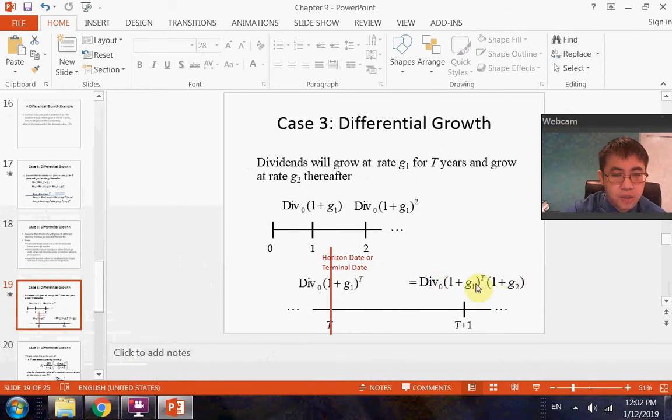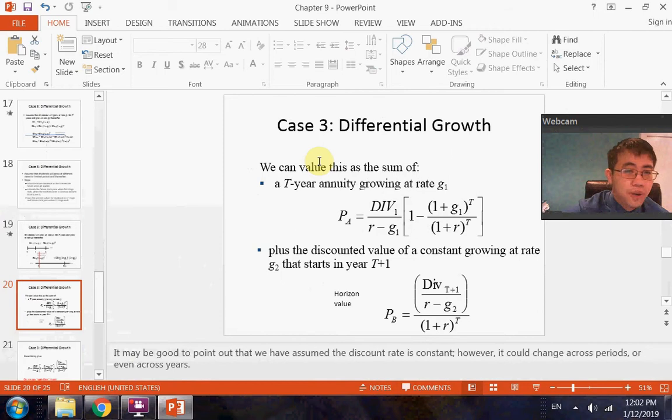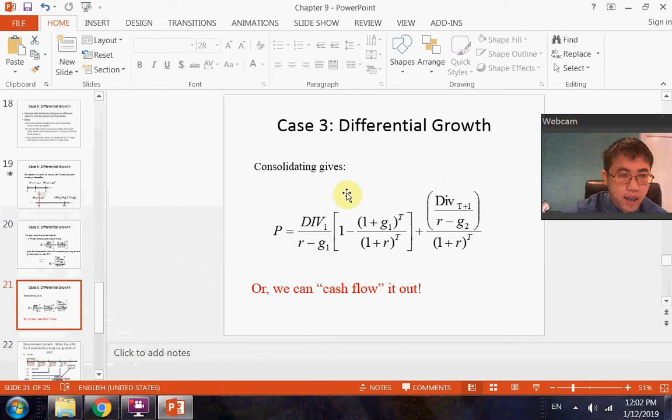So this is your dividend T, which is dividend 0 times 1 plus G1 to the T. If you rely on the pure mathematical way, that's the formula we're going to use, and you add them up. I'm not really recommending you do this. It's provided by the textbook, and I think it's quite a tedious process to solve for the price.